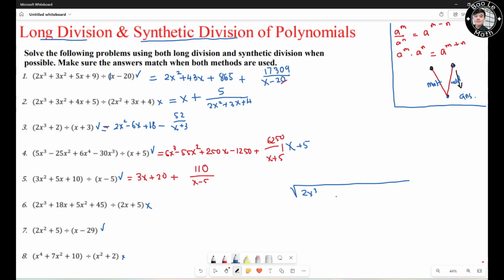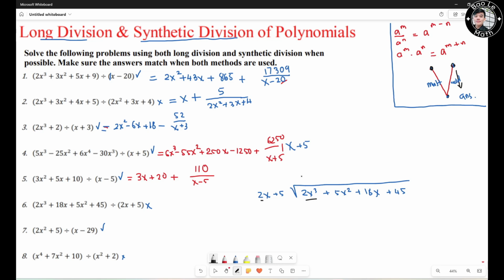Power 2 could be plus 5s squared. Power 1 is going to be plus 18s. And then plus 45. Now divide by 2s plus 5.